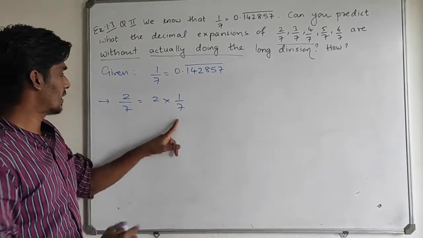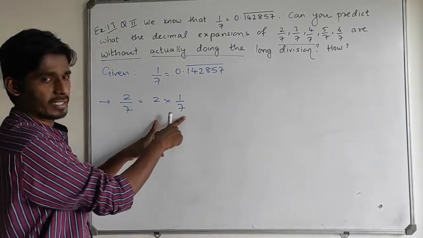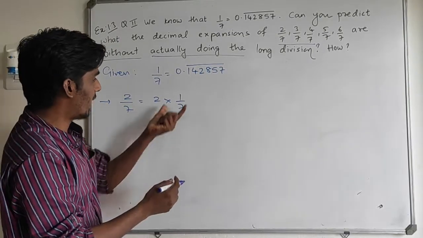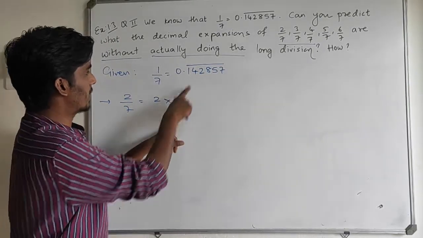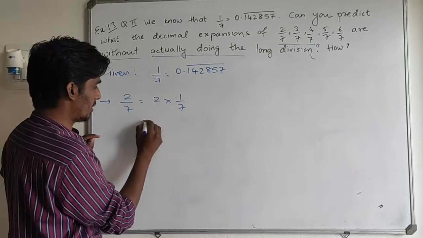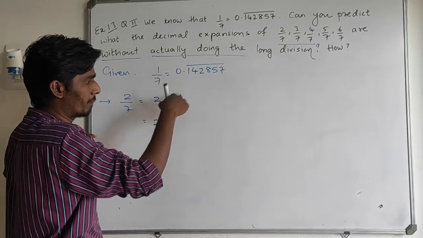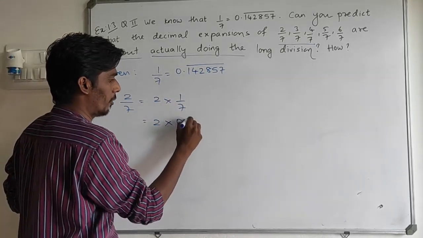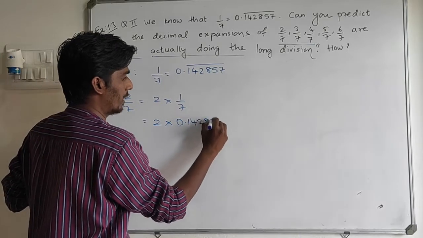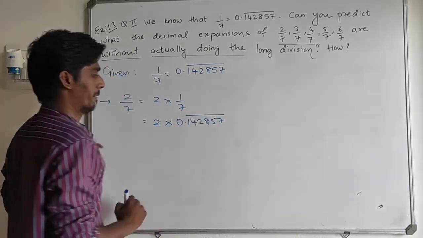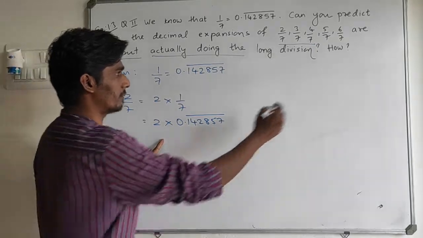If I multiply this, I get the same number, 2 into 1 by 7. Why split them? Because I know the value of 1 by 7. 1 by 7 value is given here. So this is 2. Now instead of 1 by 7, I am going to write 0.142857 bar.